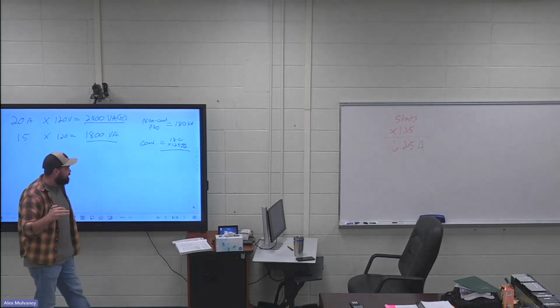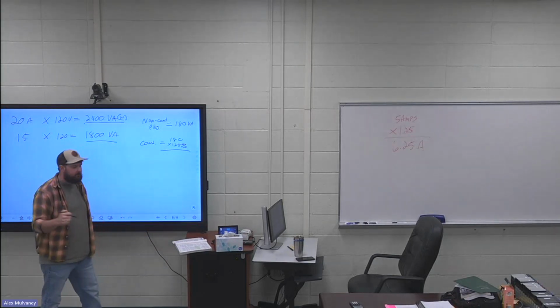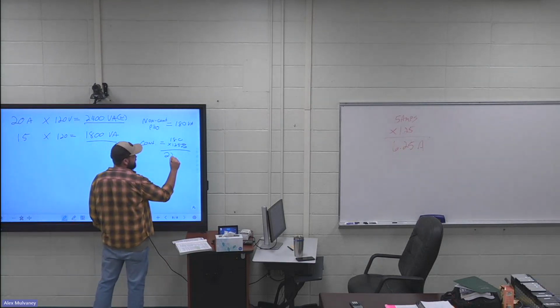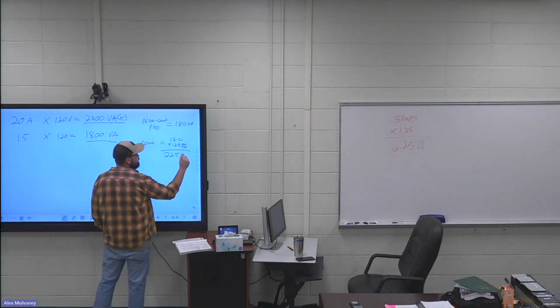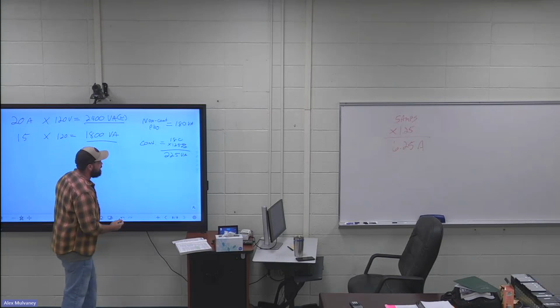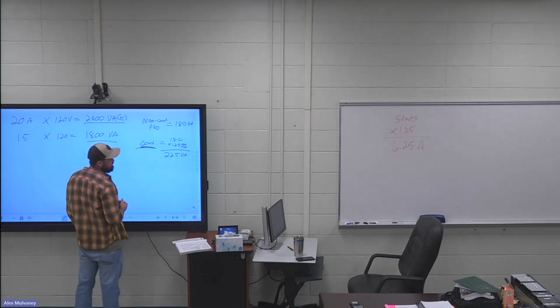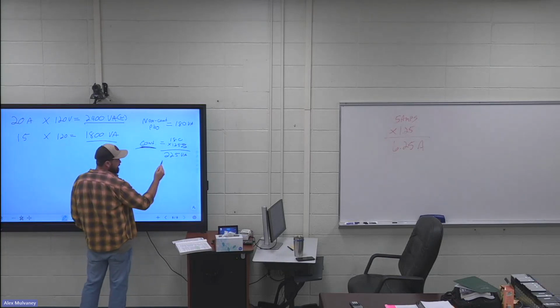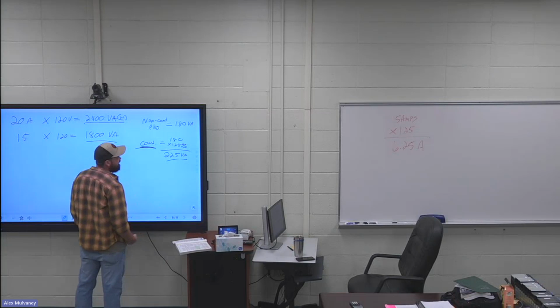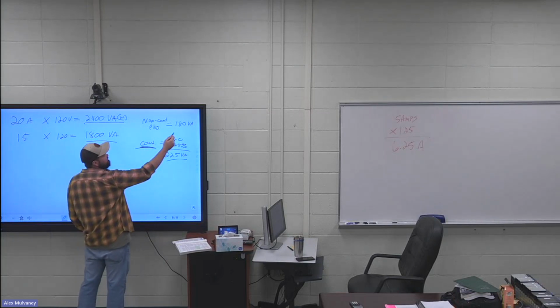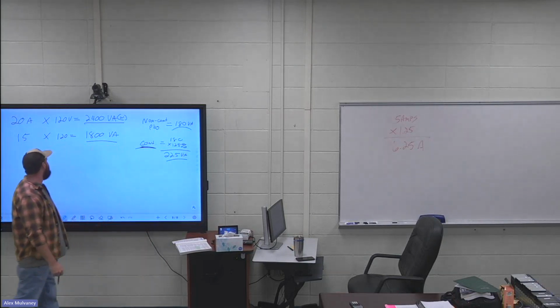Somebody do that in their calculator. 180 times 1.25. 225 volt amps. So a continuous duty plug, something that's going to be 3 hours or more, I have to say that it's 225 volt amps. Something that's not continuous, I can say it's 180.